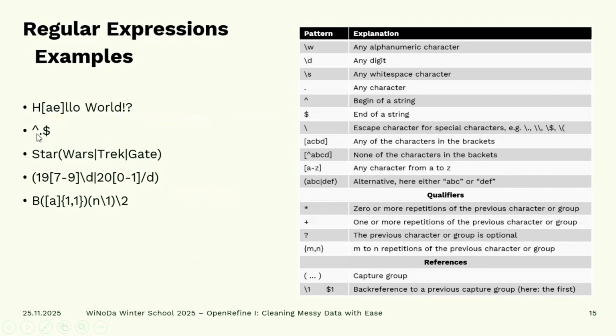Here we have the beginning of a string, the end of the string, and the middle point, so we are matching anything that is just a single character. Here we match either Star Trek, Star Wars, or Stargate. This is an expression for a year ranging from 1970, so we get 19 and then the 70s, 80s, or 90s and any digit at the end, or beginning with 2000, the 2000s or 2010s, and then a digit at the end.